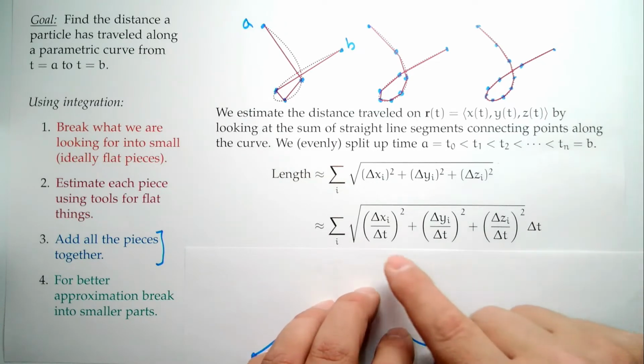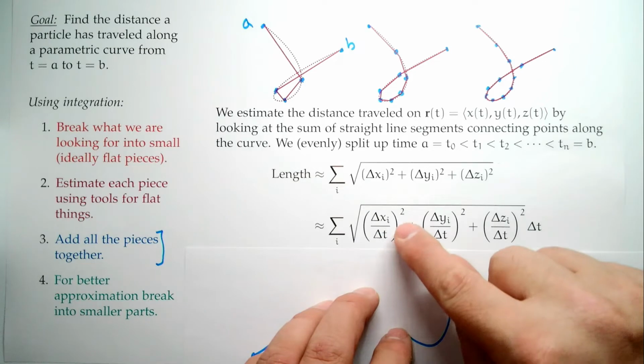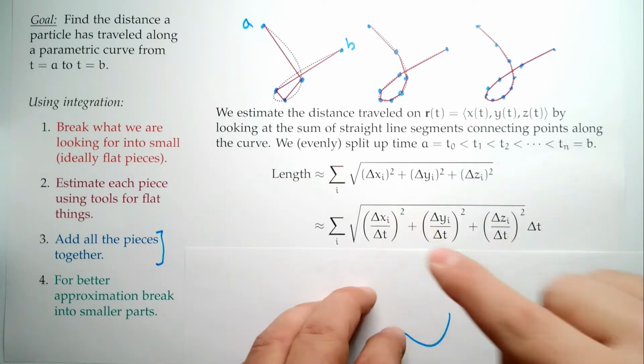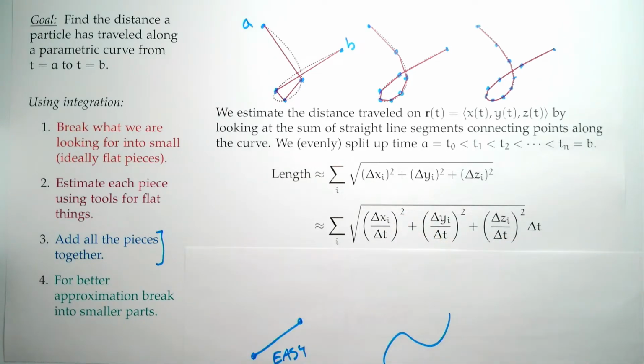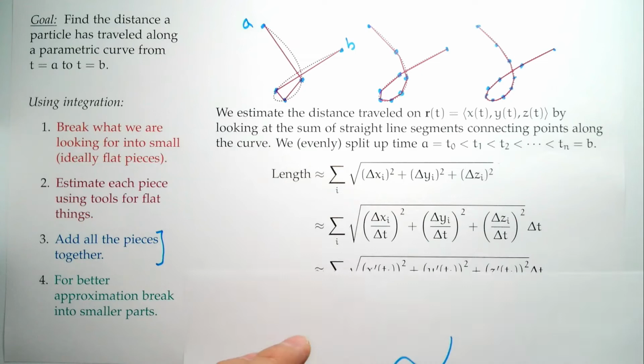Good. Now let's think about each little part. Delta x over delta t: I'm looking at how x is changing over time. In particular, I want to think of delta t as being very small. So if I ask what the change in x over change in time becomes when that's a very small change in time, well, it becomes the derivative.